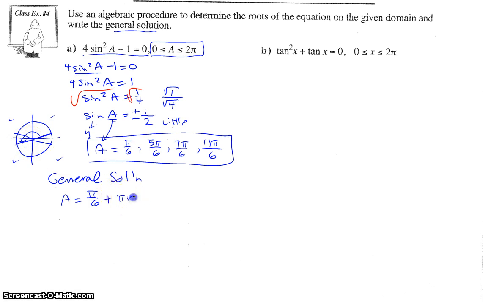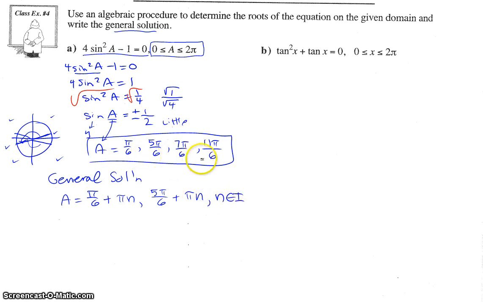So if we add pi n, we have covered therefore the first and the third quadrant terminal arms. Now we'll go 5 pi over 6 plus, and again, if we add pi n, we will cover the terminal arm in quadrant 4. So pi n, where n is an element of the integers.